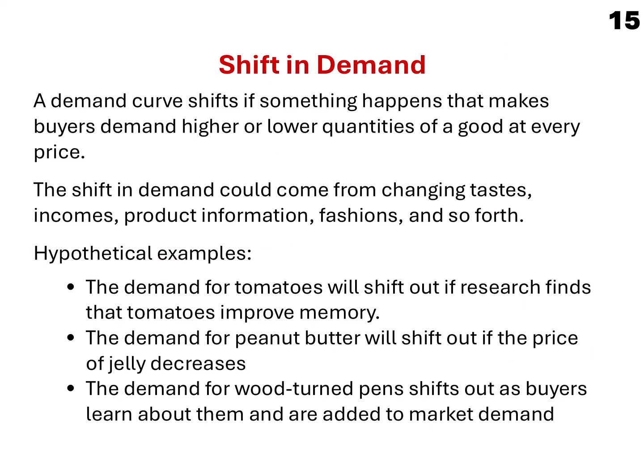Shifts in demand can be caused by many different changes in circumstances. The demand for tomatoes is likely to shift out if research findings that tomatoes improve memory are widely disseminated and believed. Similarly, if most people like peanut butter and jelly sandwiches, then the demand for peanut butter will shift out if the price of jelly decreases. Finally, if an influencer gets more people to want wood-turned pens, then the demand for these pens will shift out.